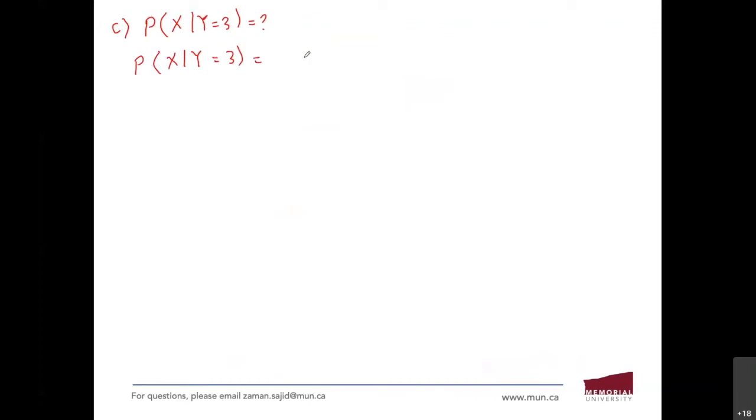Conditional probability will be the joint probability distribution of X and Y when Y was equal to 3, divided by the marginal probability. Because here we have X, we will have the marginal probability for Y.